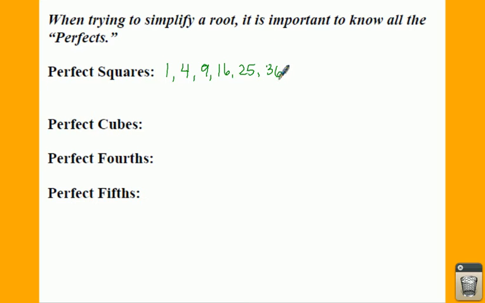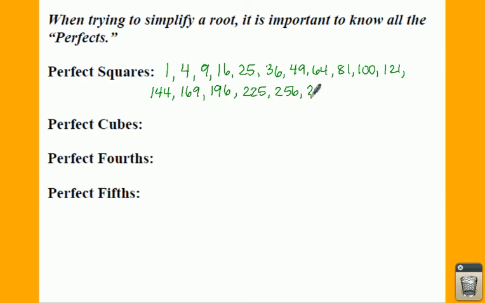So then you go 36, 49, 64, 9 times 9 is 81, then you have 100, 11 times 11 is 121, 12 times 12 is 144, 13 times 13 is 169, and then we get to the harder ones. 14 times 14 is 196, 15 times 15 is 225, then 16 times 16, which is 256, 17 times 17, which is 289, 18 times 18, which is 324, almost forgot it, 19 times 19, which is 361, and 20 times 20, which is 400.